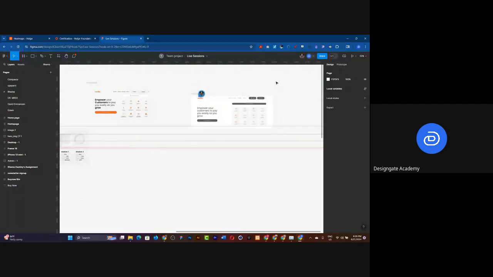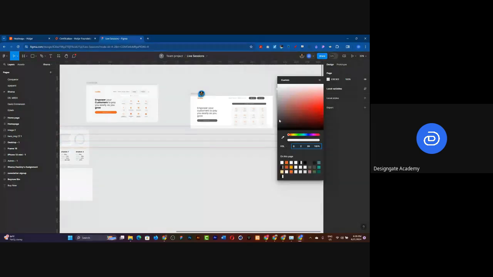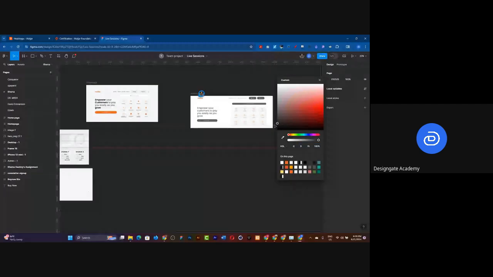Because some of you want to be designers, but you know one design. Which kind of designer be that? Now, when it comes to design, the more you practice your design, the better you become. When it comes to UX and research, the more you read. So please take note of that.